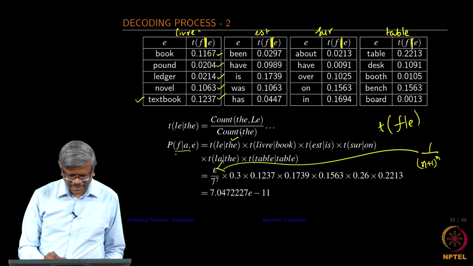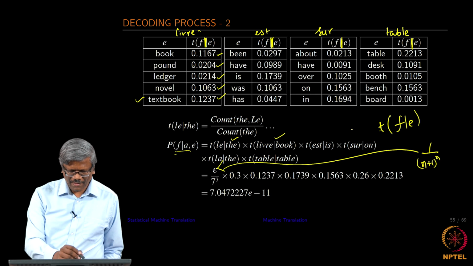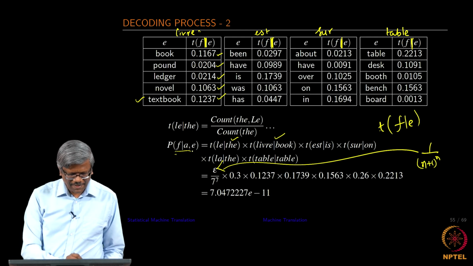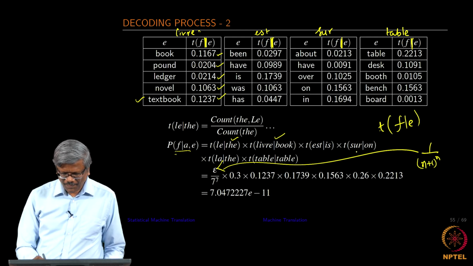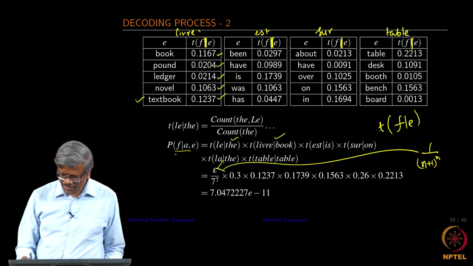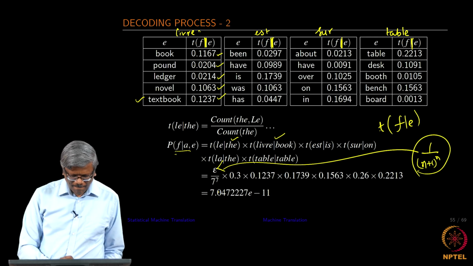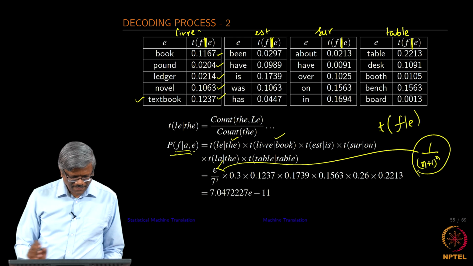So, you get the translation probability for each word here that is listed, and then find it by multiplying each one of them, and then use this one to finally get the translation.